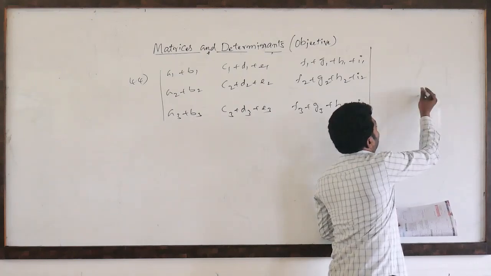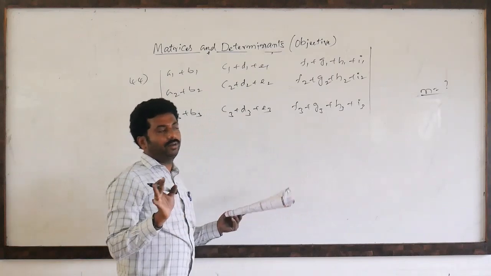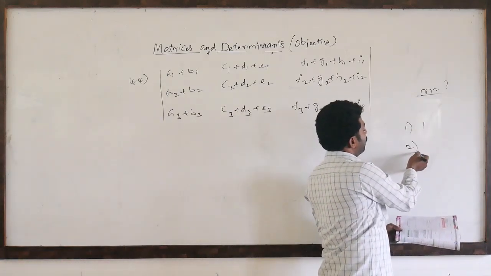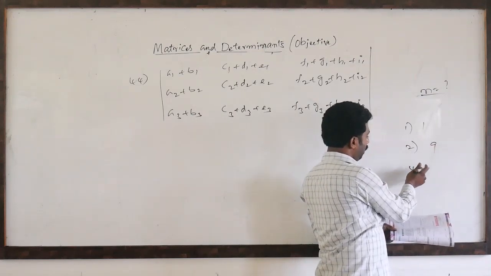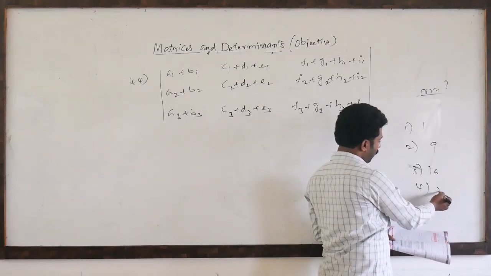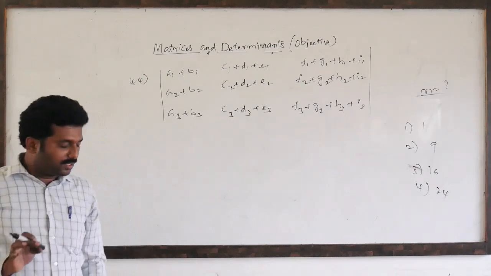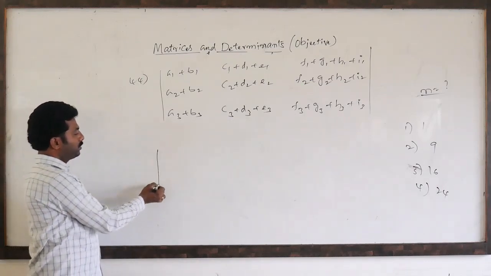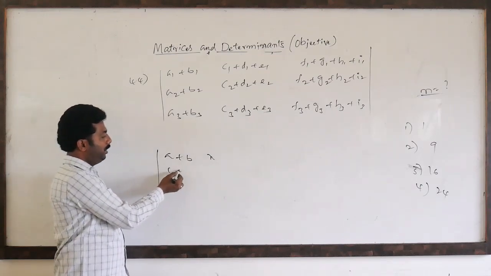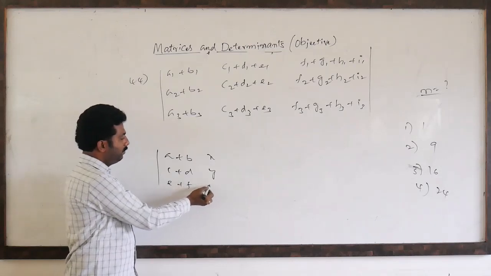The options are 1, 9, 16, and 24. Let me give one simple example. Suppose a determinant has entries a plus b, x, c plus d, y, and e plus f, z.